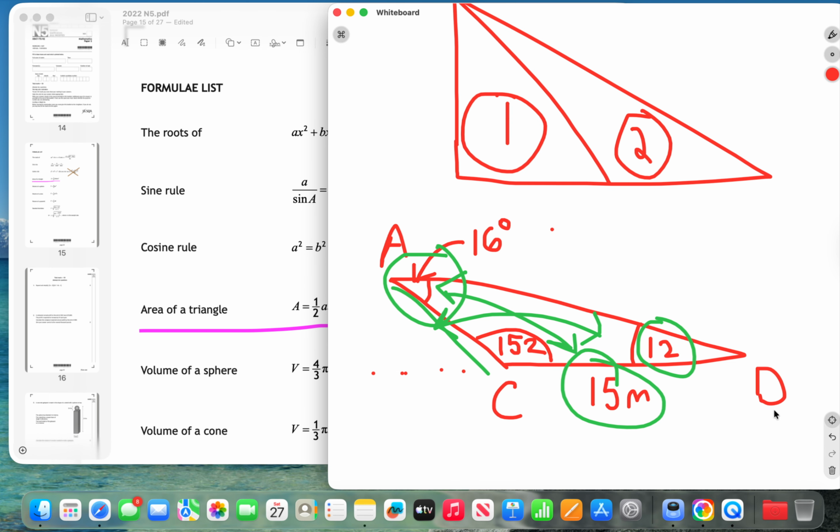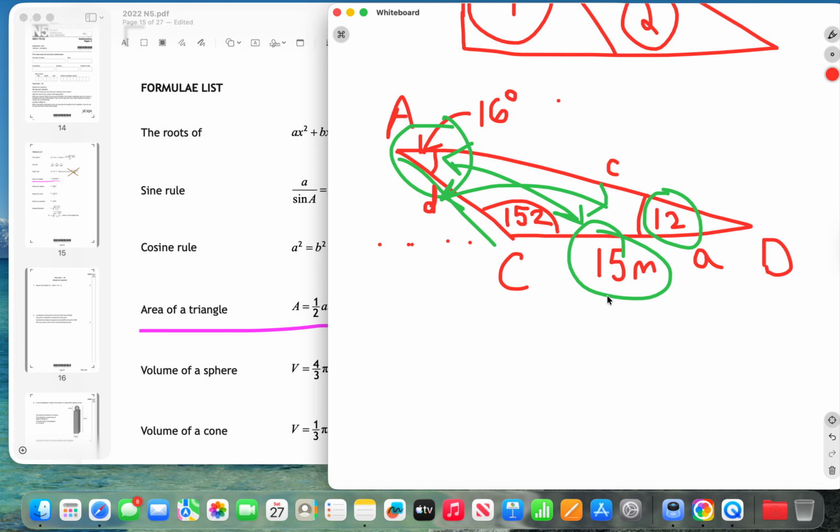Now, in non-right angled trigonometry, the convention is small letters are opposite the angles of the capital letter. So capital A angle is opposite side small a, small c, the side is opposite capital C angle, and the same with this one.